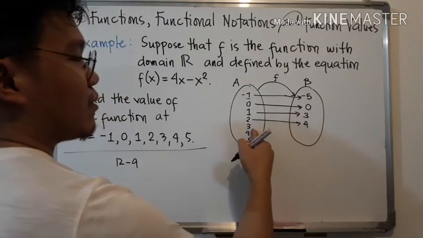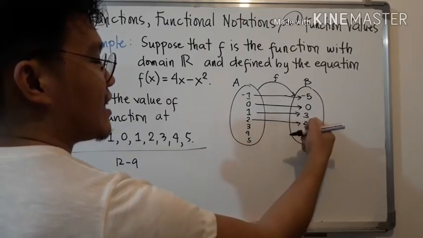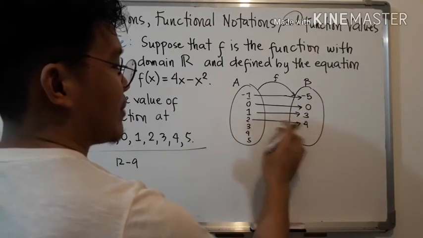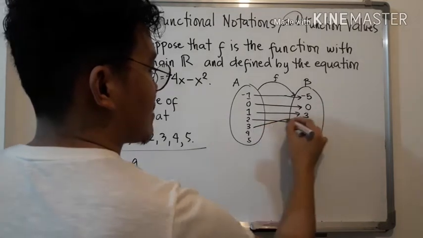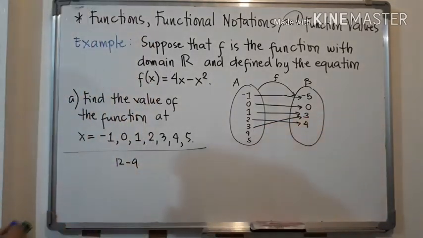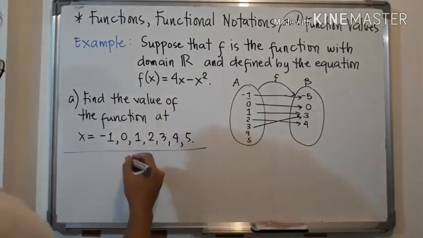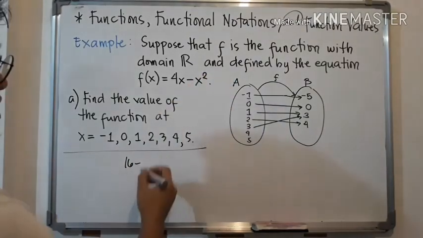Notice that we already have an element 3 in set B. So we do not need to map another 3, because they are the same. Therefore, positive 3 is mapped with positive 3. And how about for x equals 4? That is 4 times 4, which is positive 16, minus 4 to the power of 2, which is 16.